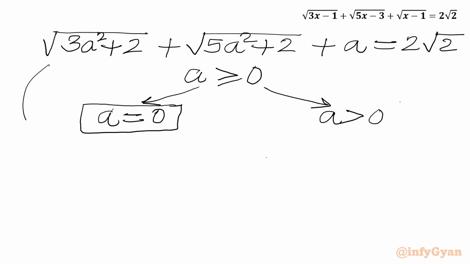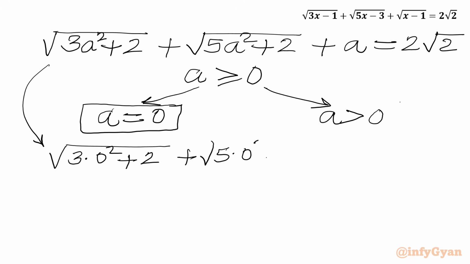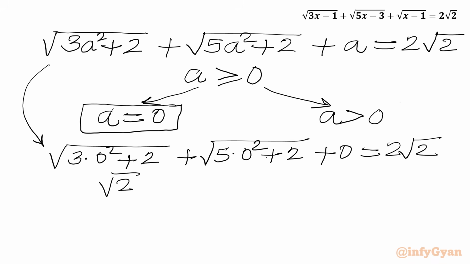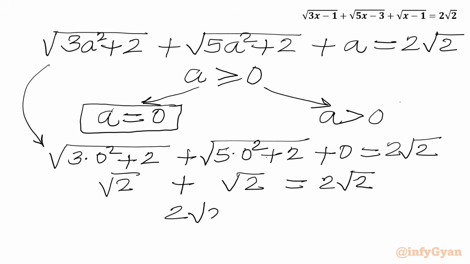So we will get square root of 3 times 0 square plus 2 plus square root of 5 times 0 square plus 2 plus 0 equal to 2 square root 2, which will be root 2 plus root 2 equal to 2 root 2. LHS is 2 root 2, RHS is 2 root 2, LHS equal to RHS, hence a equal to 0 is our real solution.